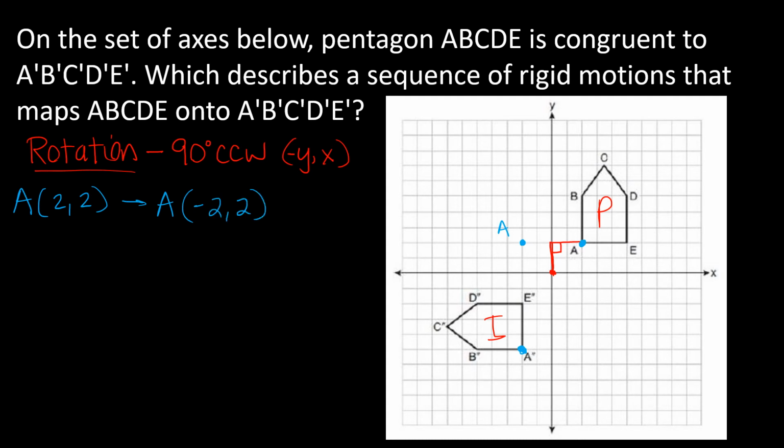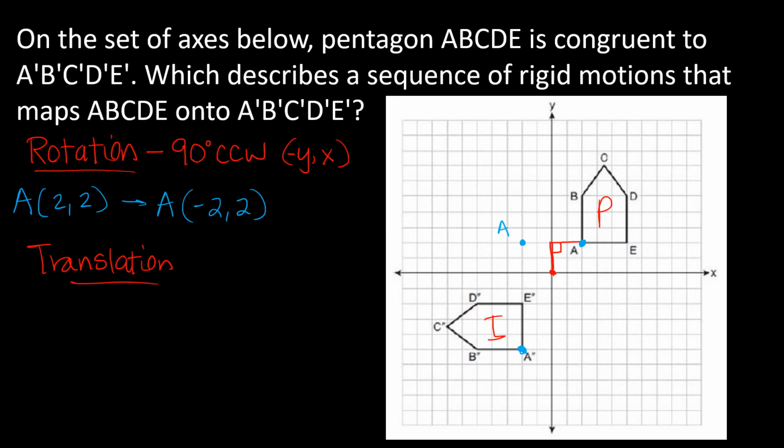So now that I have my new point here of A, I have to make sure that I can find another transformation that's going to move point A to A prime. What I notice is that from A to A prime, it looks like a slide has taken place. So that means that I have a translation. So I am translating or moving A in the downward direction.